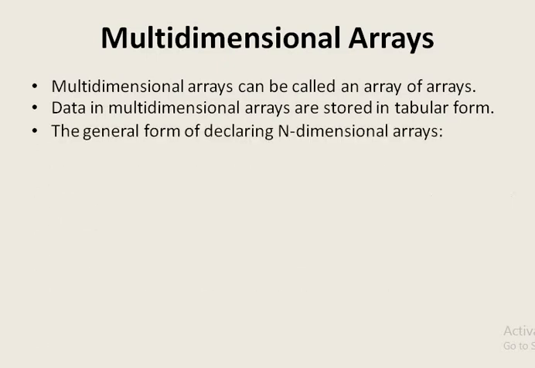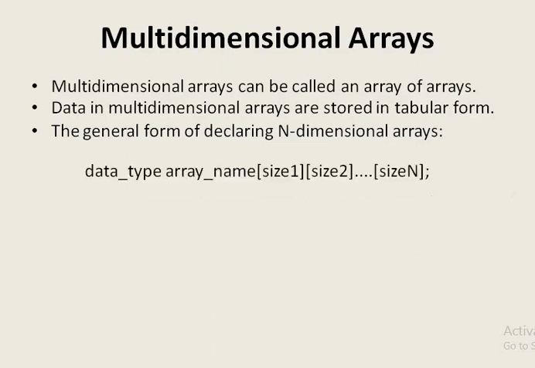Now, let us see the general form of declaring an n-dimensional array. The syntax for declaring an n-dimensional array is given as data type, array name, size 1, size 2, etc., size n. Here, data type is to be specified, that is, the type of elements in the array.